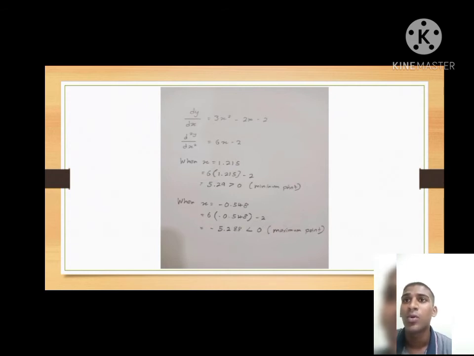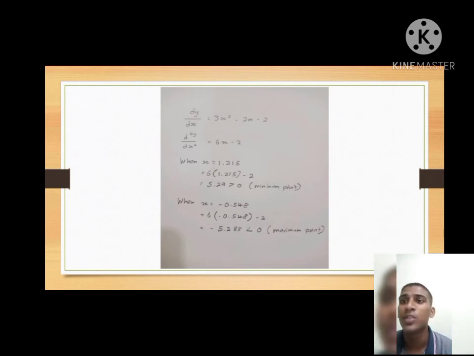I put 1.215 into the formula: 6 times 1.215 minus 2, and I get 5.29. This will be our minimum point, because when the value is higher than 0, it is a minimum point. Our value 5.29 is more than 0, so this is a minimum point.